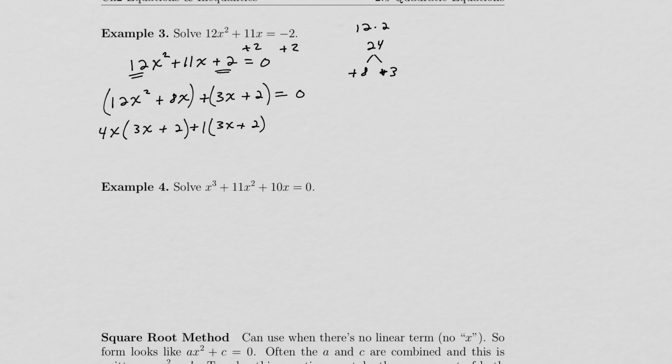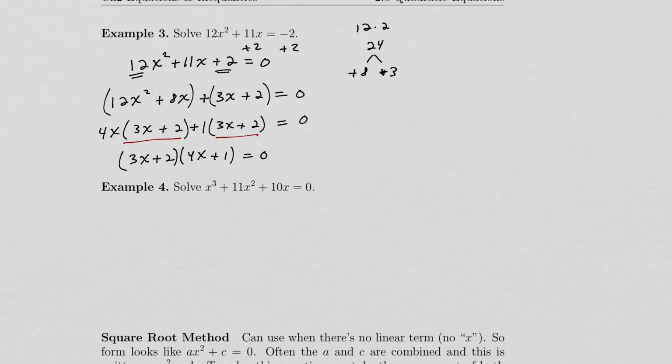We didn't really do anything, but that's the same as saying we factored out a positive 1. And now, since that factor is common to both, right, it's common to this term and common to this term, I can factor it out front. And I'm left with 4x plus 1.